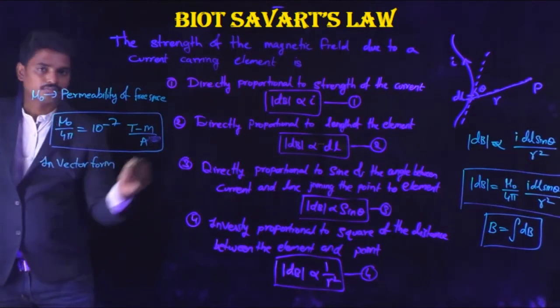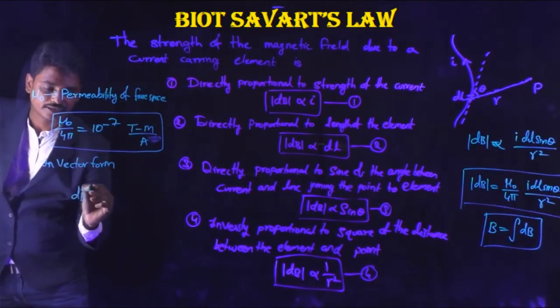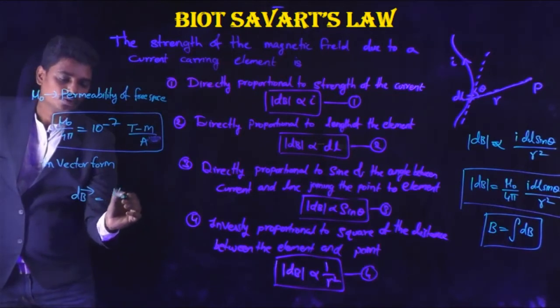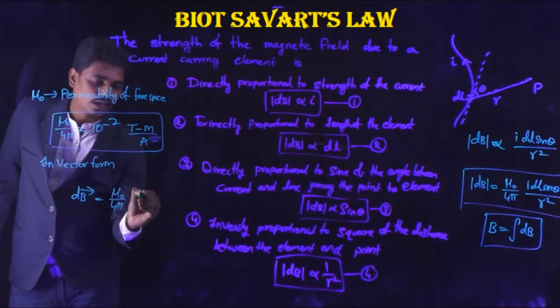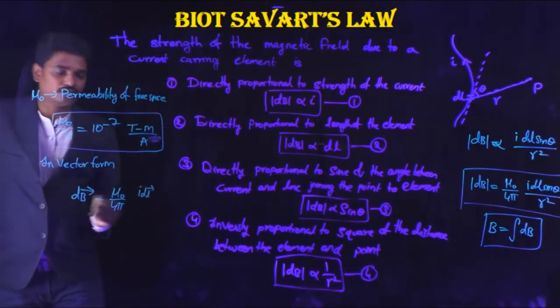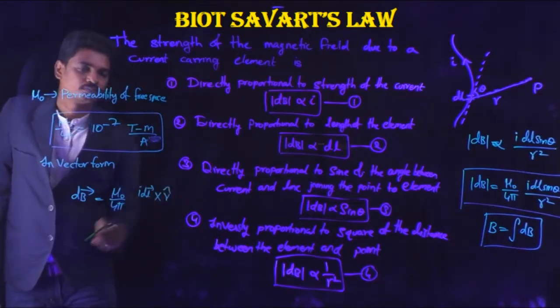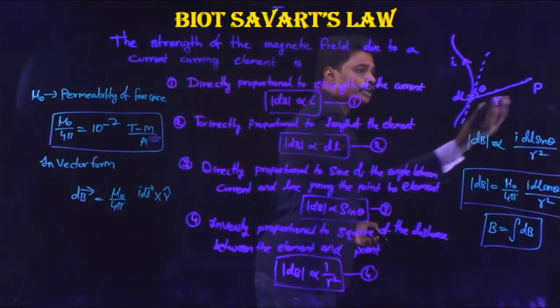The magnetic field induction for a small current carrying element can be written as dB bar is equal to mu naught by 4 pi into I dl cross r cap by r square, where I dl is the current carrying element and r cap is a unit vector along the line joining the point to the element.